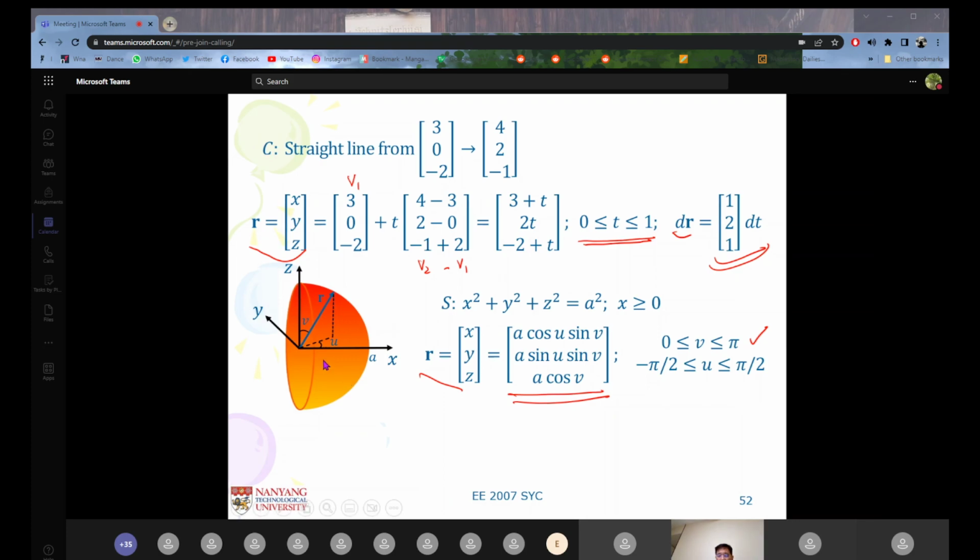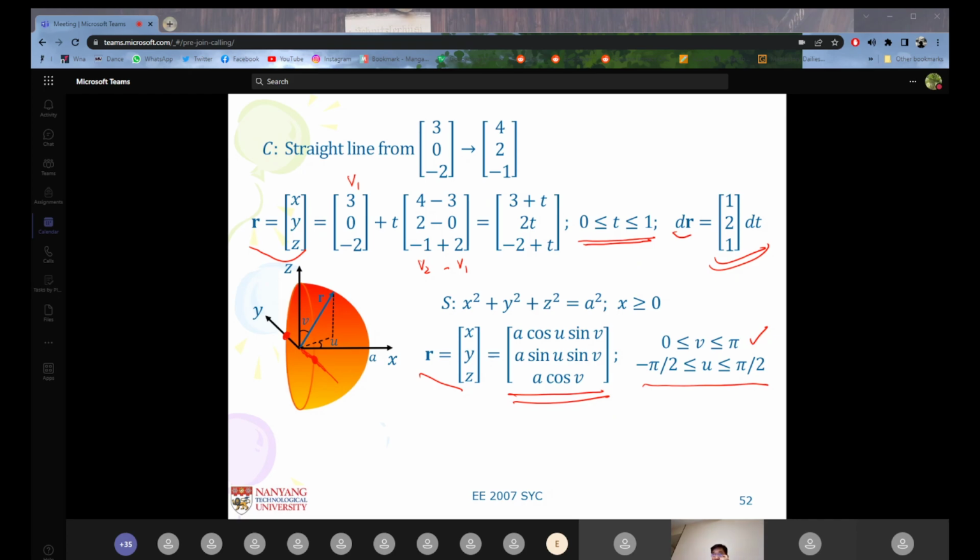As you sweep from minus pi over 2 to pi over 2, you cover the hemisphere. This point here is when U is minus pi over 2, and this point here is when U is equal to pi over 2. So the range of U is from minus pi over 2 to pi over 2.